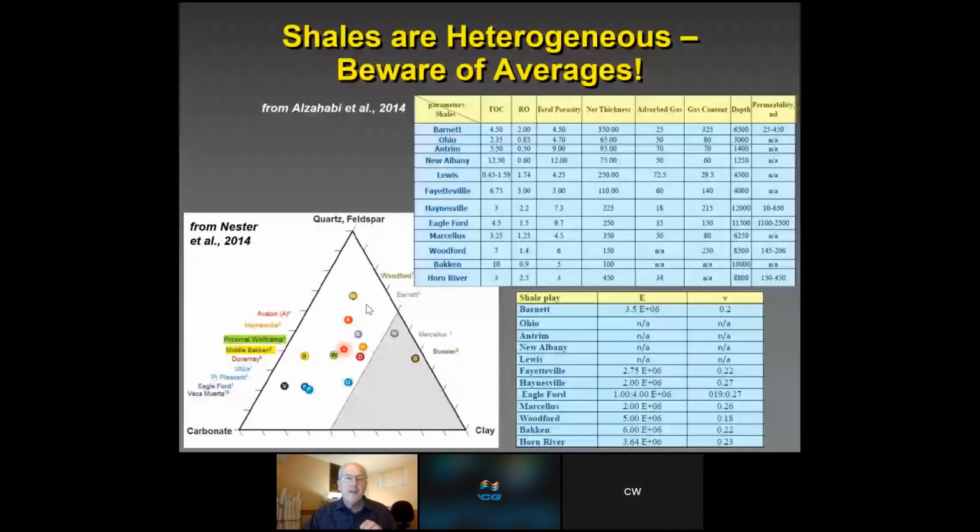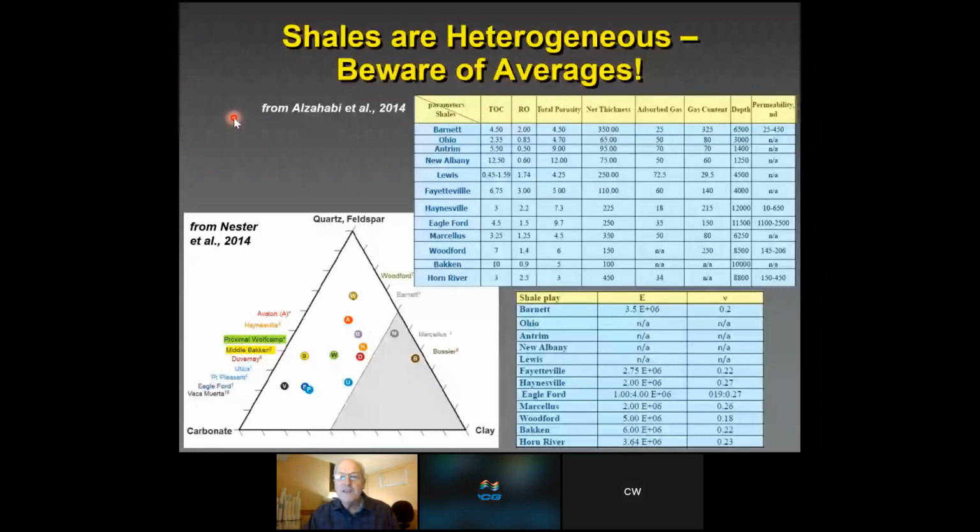But first I'm going to say beware of diagrams like these from a couple different publications. So many times you'll see shale data that's been averaged. And why do you want to worry about that? Because it's an average. Shales are heterogeneous.